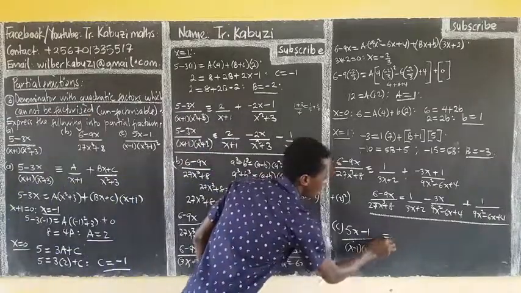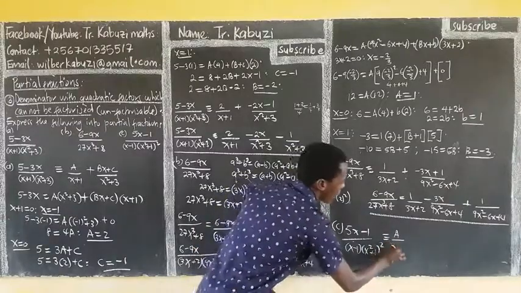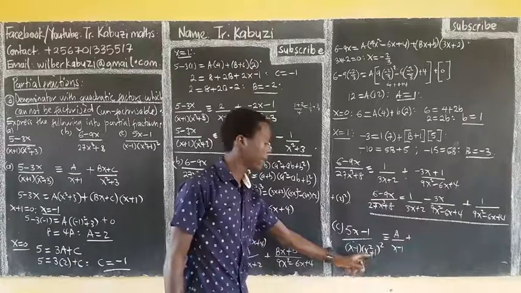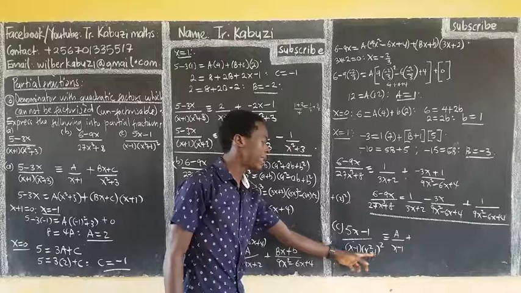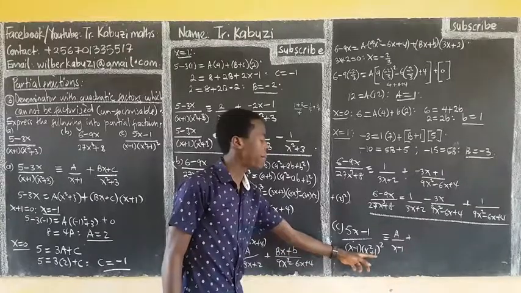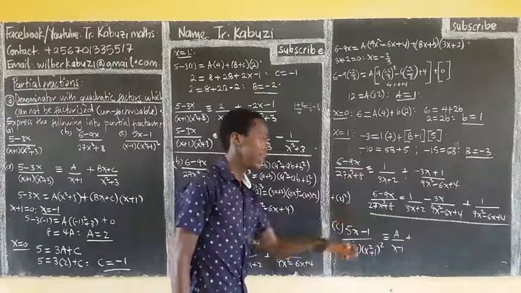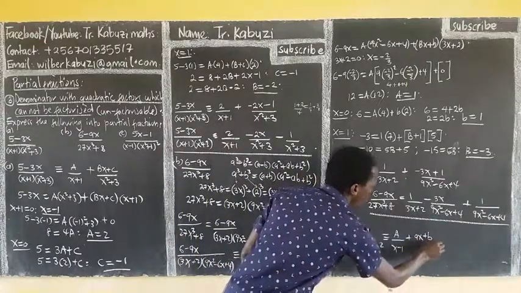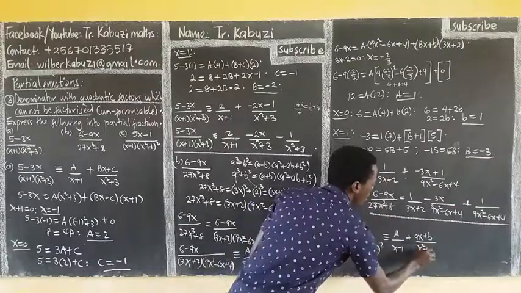This is going to be equivalent to a over x minus 1, this is linear, then plus. This is repeated but quadratic. We said if it's repeated, you start with power 1. But remember, the inside thing is not linear, it's repeated, and it's quadratic. If it's quadratic, we said the remainder should be linear. So this one is going to be ax plus b over, starting with power 1, x squared plus 1.